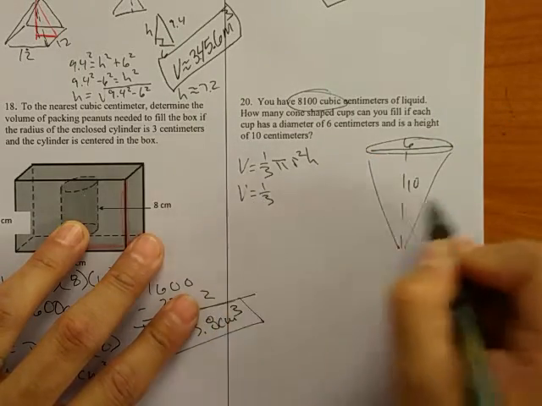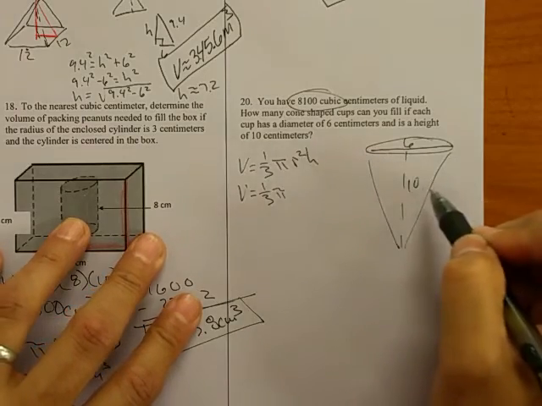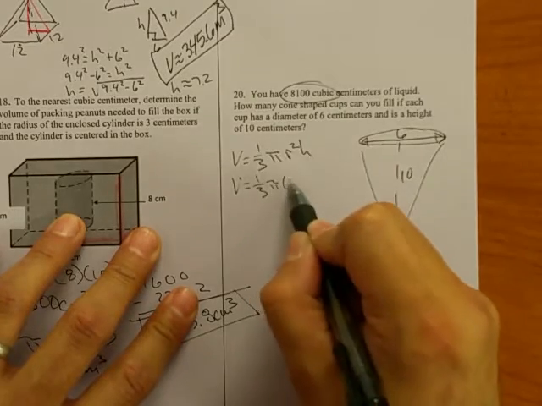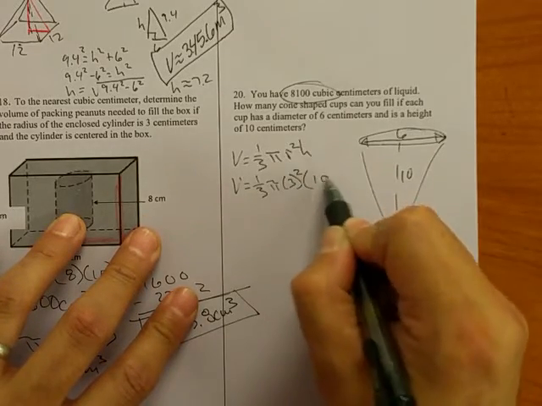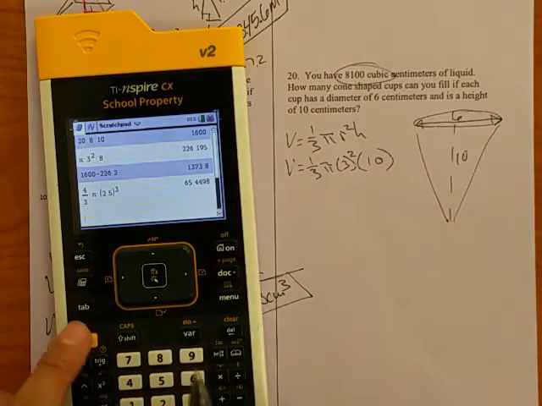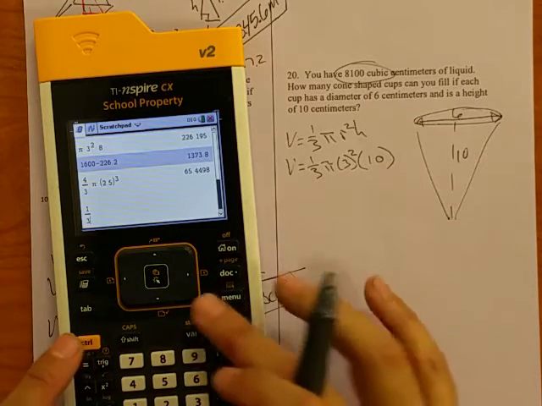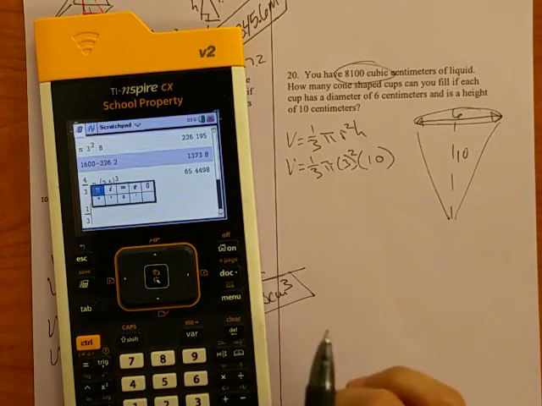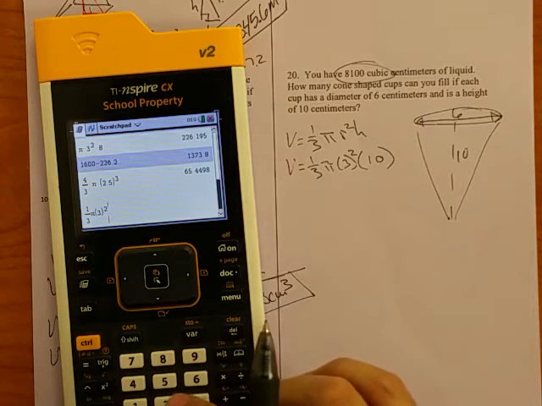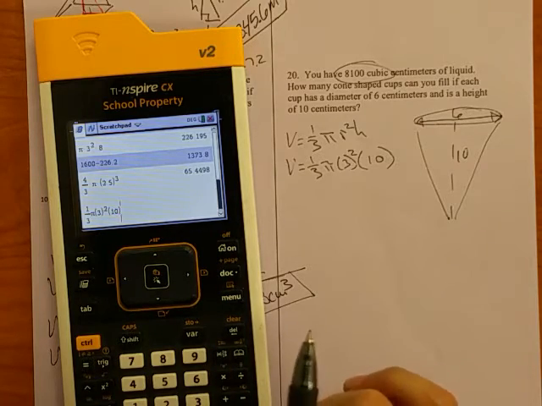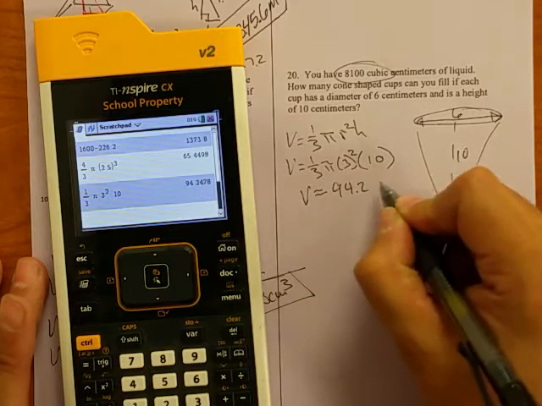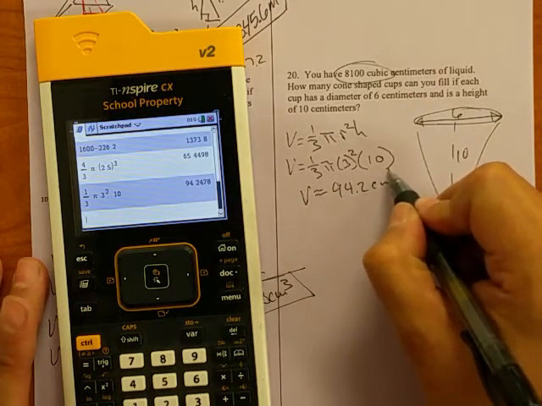Since my diameter is 6, radius is 3, squared, and the height is 10. One divided by 3 pi times 3 squared times 10 is 94.2 cm cubed.